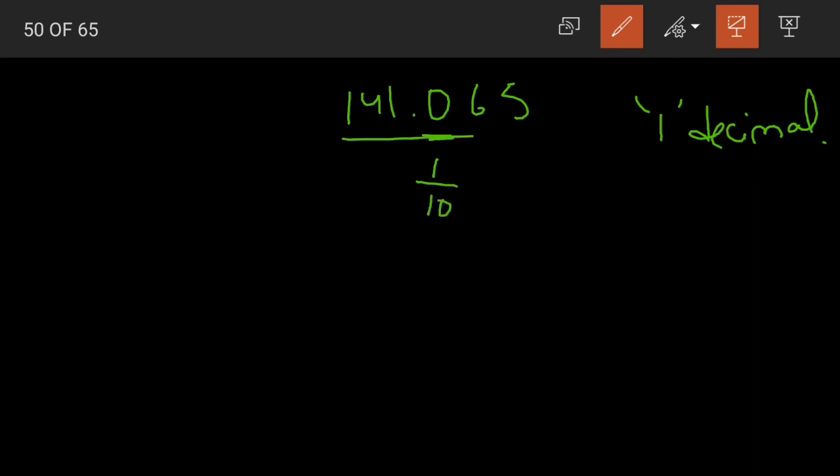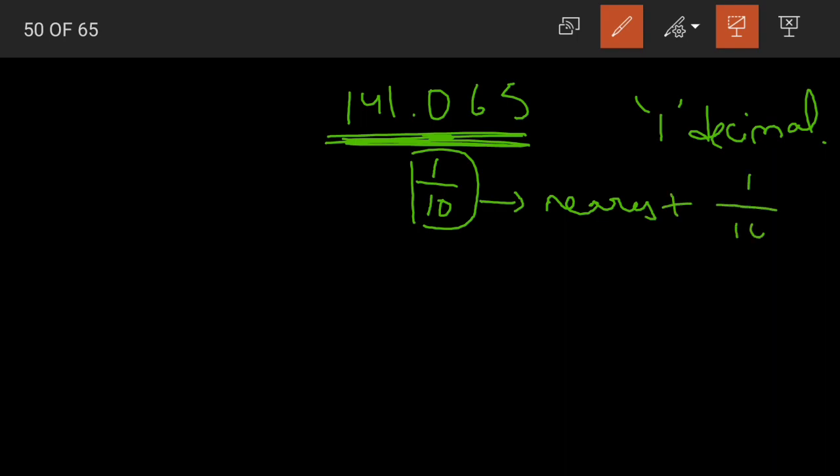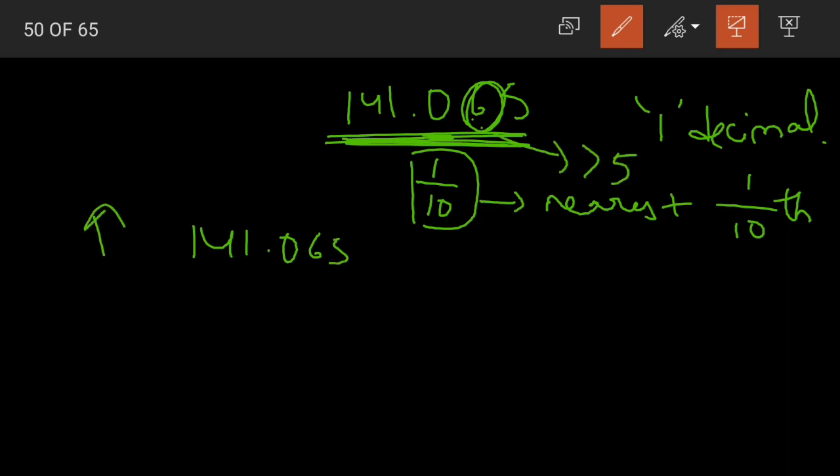That means we have to round off our given decimal to the nearest 1/10th. Nearest 1/10th. How will we do that, children? We look at the digit in 100th place. It is 6. 6 is greater than 5, so we'll round up. That means we'll add 1 to the digit in 1/10th place.